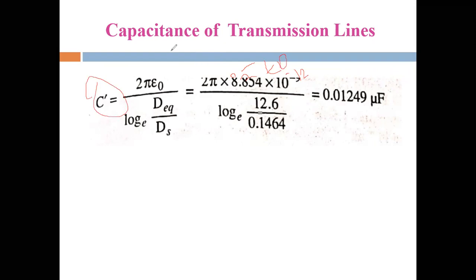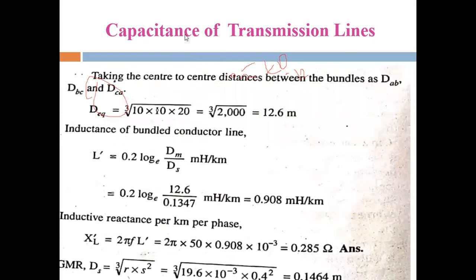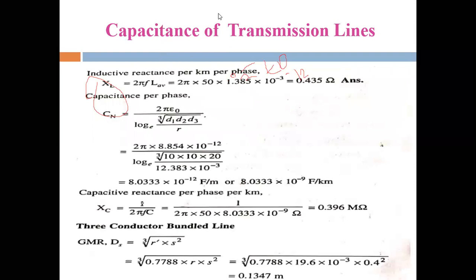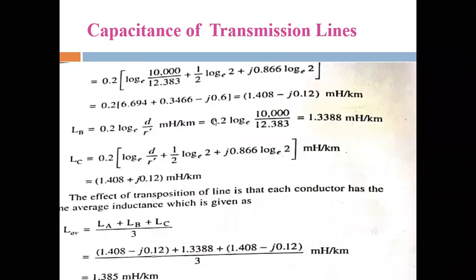These are the calculations for the capacitance of a three-phase overhead transmission line. In the single phase overhead transmission line also we derived the capacitance formula. By using that formula, we calculate the capacitance for the single phase conductor and also for the three phase conductor.